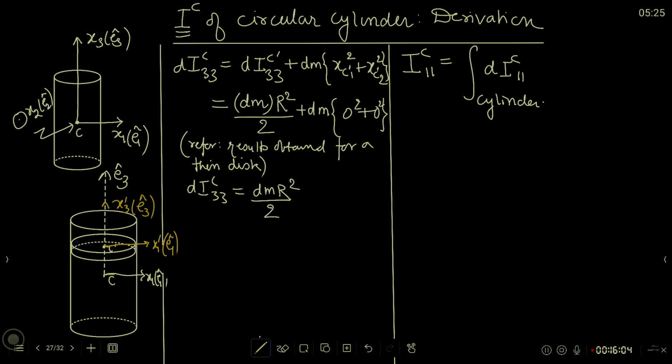Now what is dM? dM will be rho times dV, the volume of the thin disk. I can write that as rho times the volume of this thin disk, which will be pi R square times dx3.